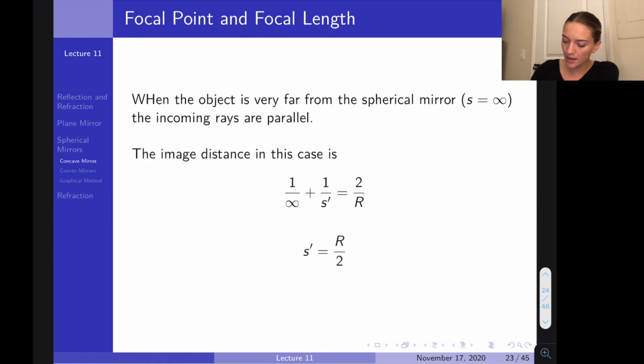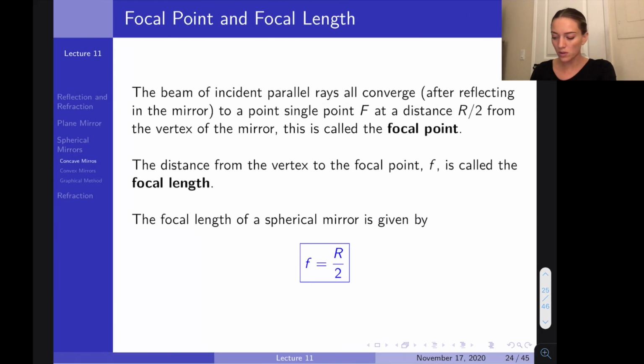If you replace the object distance s with infinity, we know 1 over infinity is 0. So the equation we found before simplifies to 1 over s prime equal to 2 over r, because this term is 0. So the image distance is r over 2, just the radius of curvature over 2, and that's where your image is.